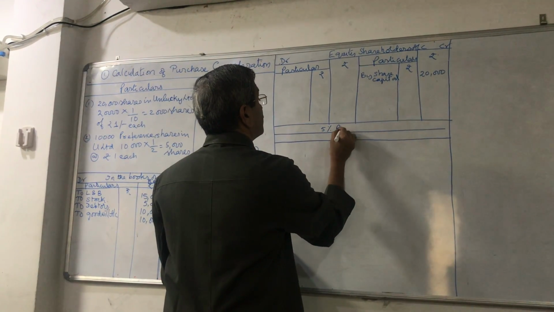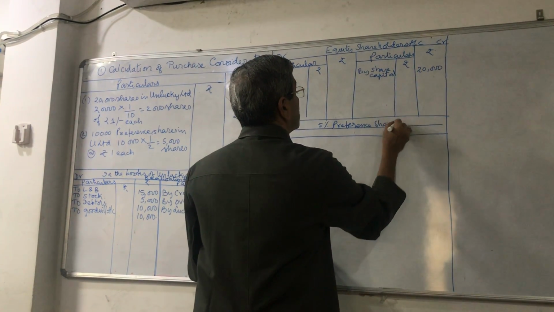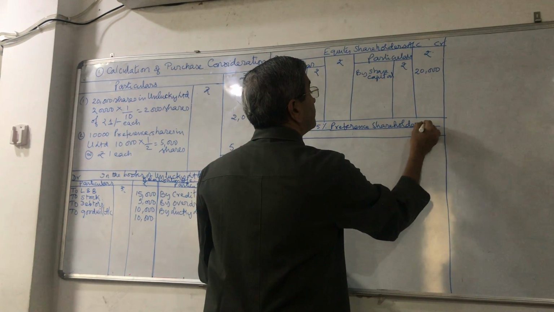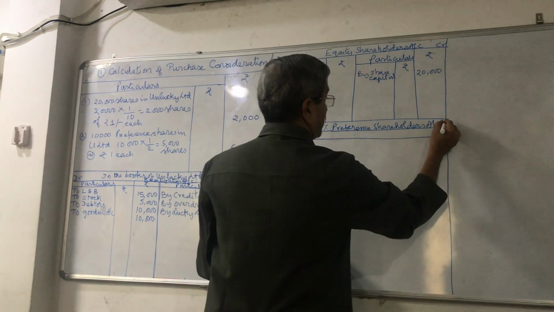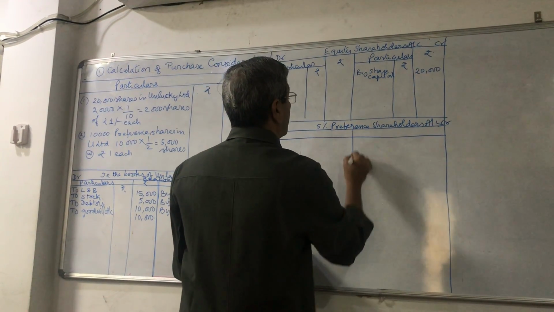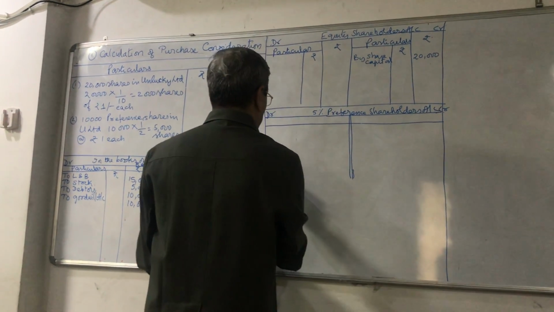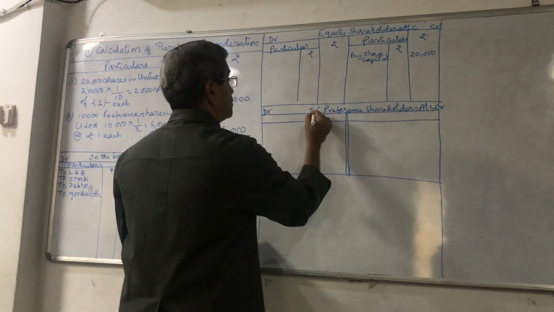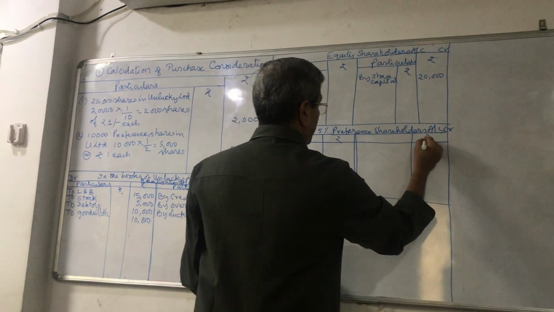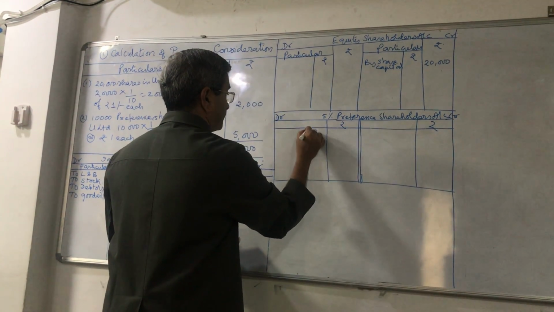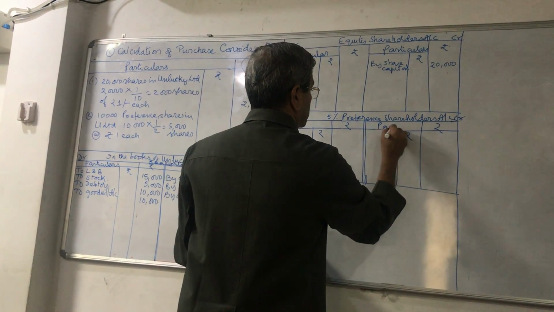5% preference shareholders account. Here also you have debit, you have credit, then you have an account down which comes to rupees again, inner column, particulars.